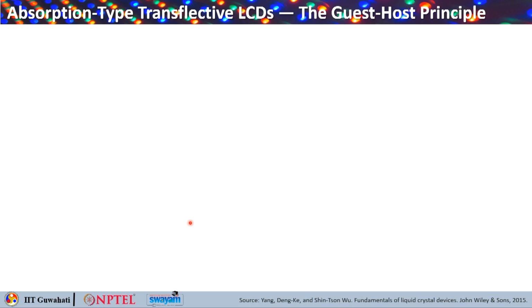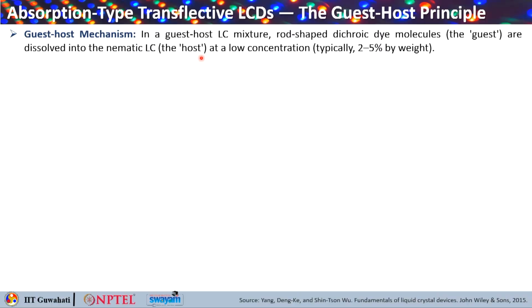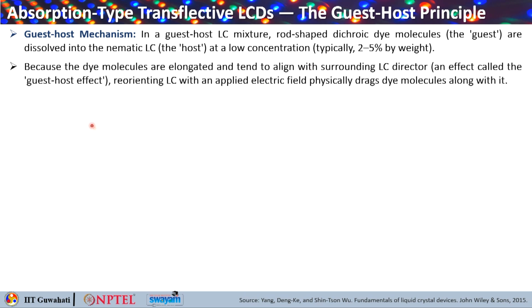So now let us focus on the absorption type transreflective LCDs first, which are based on the guest host principle. So what is this guest host mechanism? In a guest host liquid crystal mixture, rod shaped dichroic dye molecules, which are basically the guest, are dissolved into the nematic liquid crystal, which is the host, at a low concentration, typically 2 to 5% by weight.